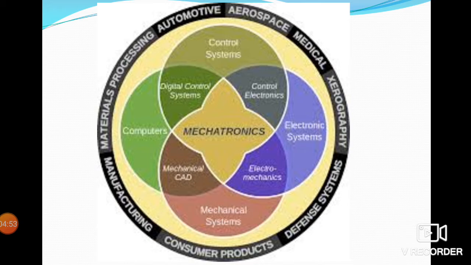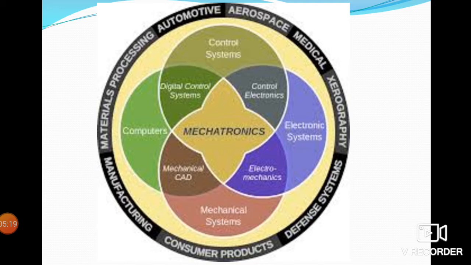Don't write this in the examinations when they ask you to define mechatronics: don't write that it is a combination of mechanical and electronics, that we are going to add. You require to define it correctly with proper technical words. What we are going to consider here is that mechatronics is defined as an interdisciplinary approach, because advancement is taking place in all the fields.